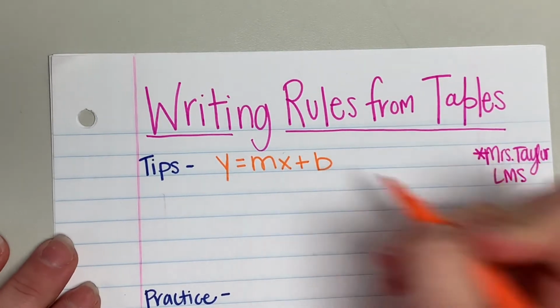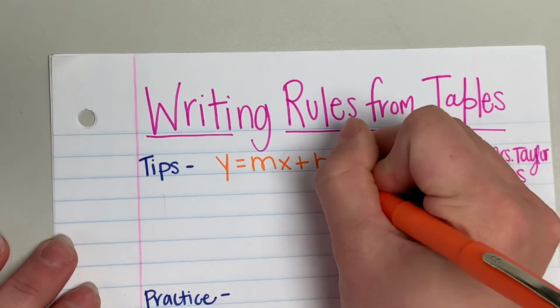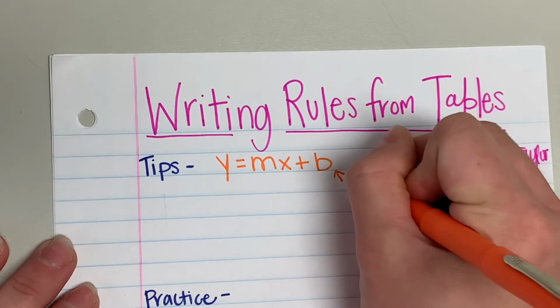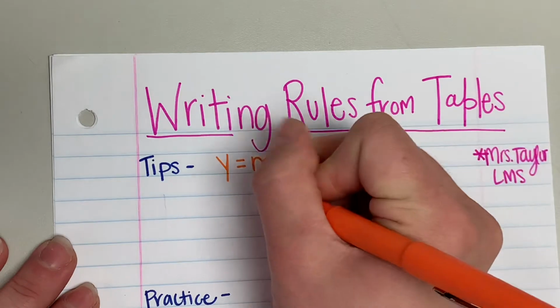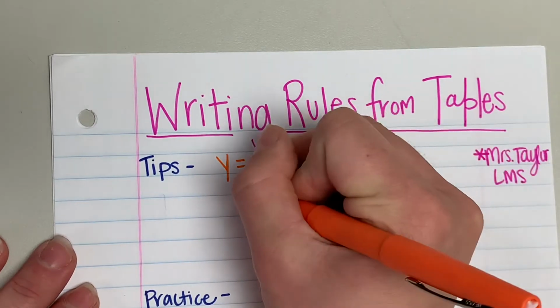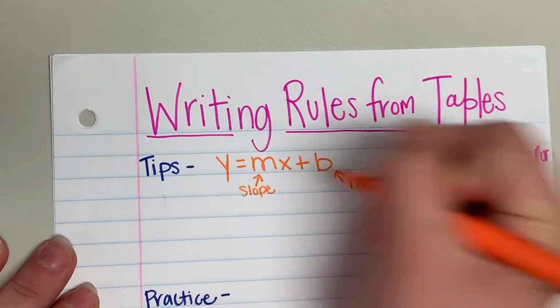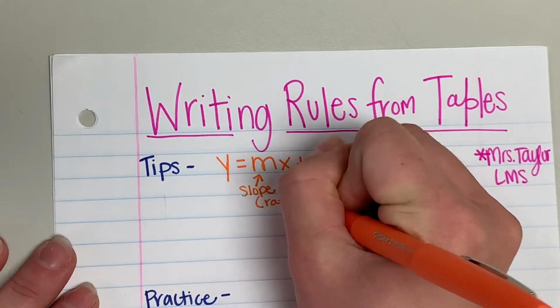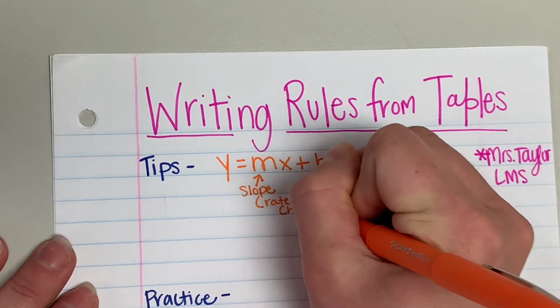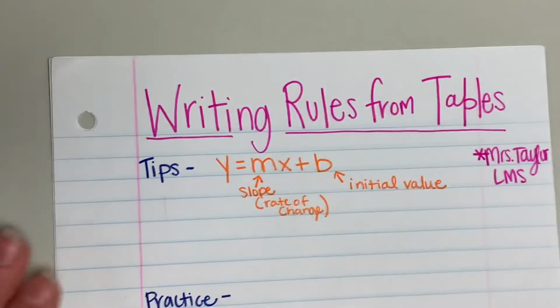What is the b? B is your initial value, and m is your slope. We also call that rate of change.